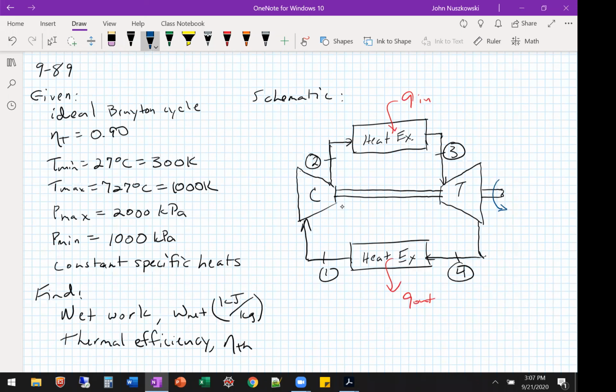So out of this shaft, we get a net work, where the compressor has work in. Let's make that a little nicer. The turbine has work out, right? And the net work is the work out minus the work in.